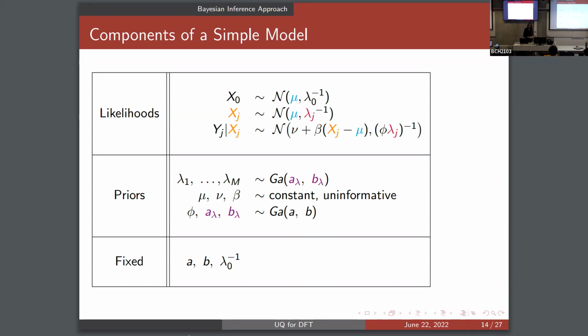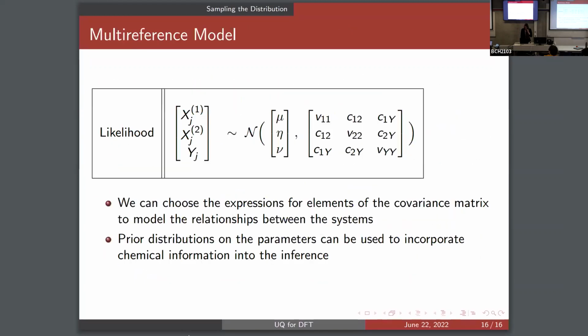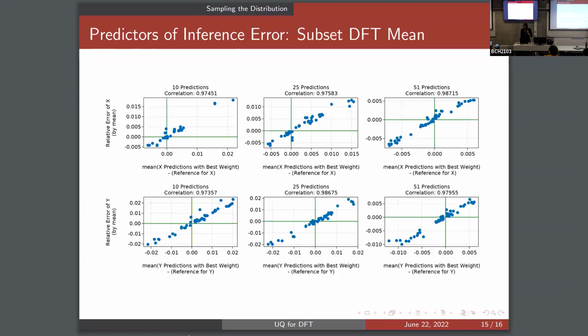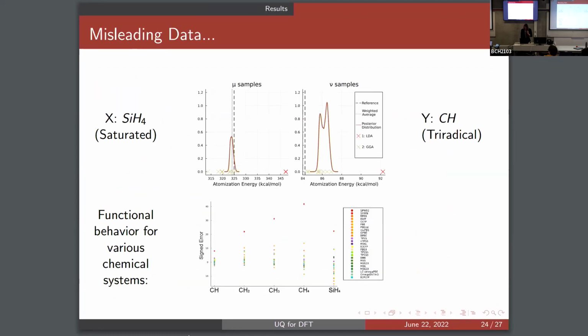Any other questions? Maybe this is more a question for the room: the correlation between these different functionals. I realize that there's no hierarchy, but is there a way to estimate a priori some expected correlations between behaviors of these functionals? If there was, that would be something we'd be very interested in. So we're open to any ideas. Maybe you can show the slide with these four or five systems.